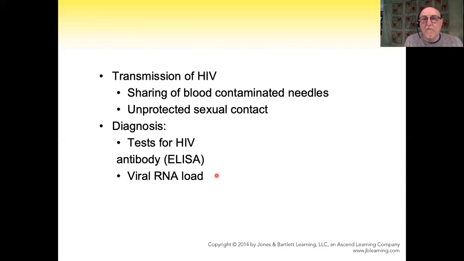And this is to look for the viral RNA. And to measure the viral RNA, you can actually measure very, very accurately what viral load people are carrying. So it's not only telling them, okay, you're HIV positive, but we can say this is your current viral load. And now, of course, we have ways of treating.